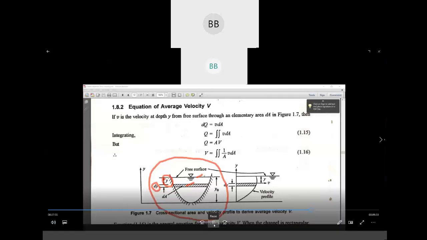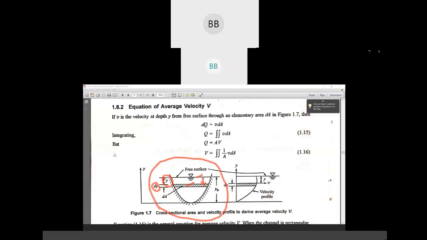This is your surface. From this surface to the section we have considered, this length is y. The whole depth, or maximum depth of flow, is y naught.